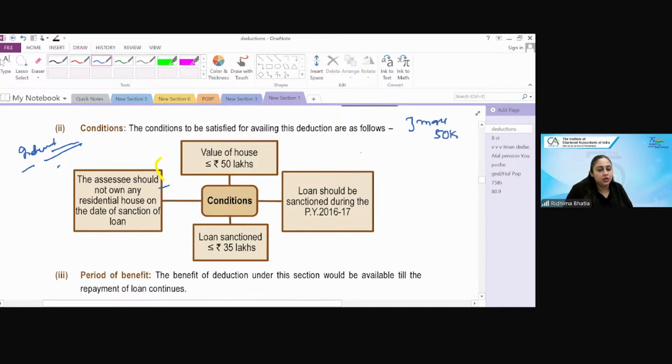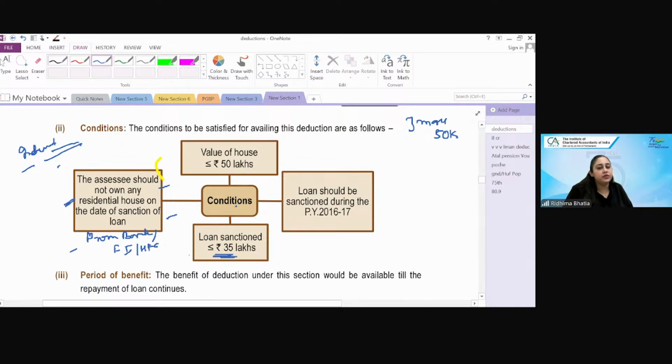Maximum 50,000. And you will get this deduction only if you are purchasing a residential house from any bank, financial institution, or housing finance company. Okay? The loan amount is maximum up to 35 lakhs.